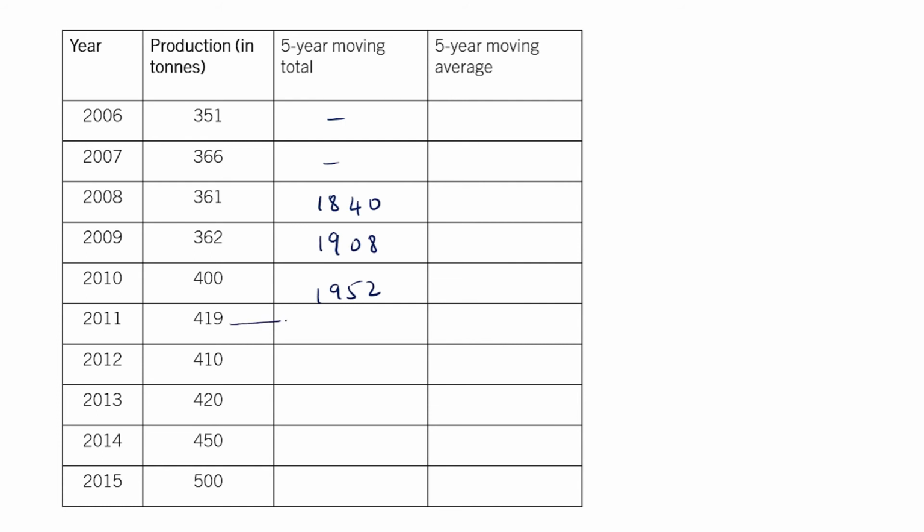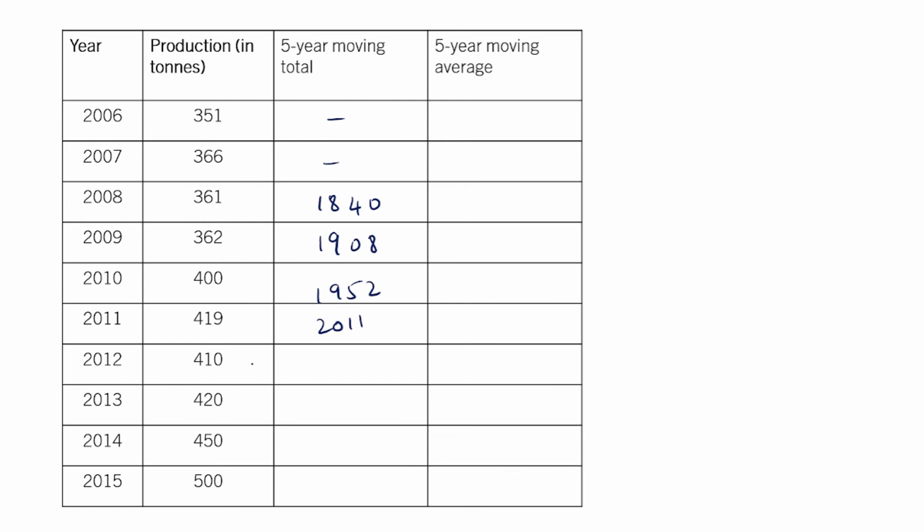If we are having doubt, we have to add the value for which we have to write the 5-year moving total, then 2 above, 2 below. So it is 362 plus 400 plus 419 plus 410 plus 420. So it is 2011.